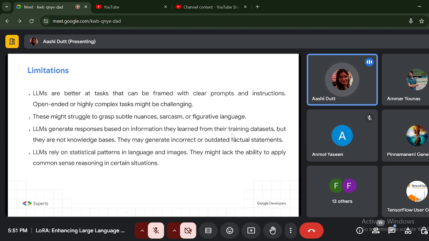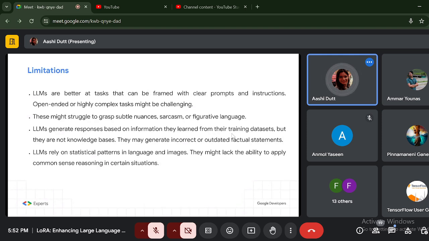But the moment you change your prompt, you get the right answer, right? So LLMs are better at tasks that are framed correctly in clear prompts, but highly complex tasks become very challenging for them. Similarly, they struggle with nuances and sarcasm that we humans understand very easily, right?